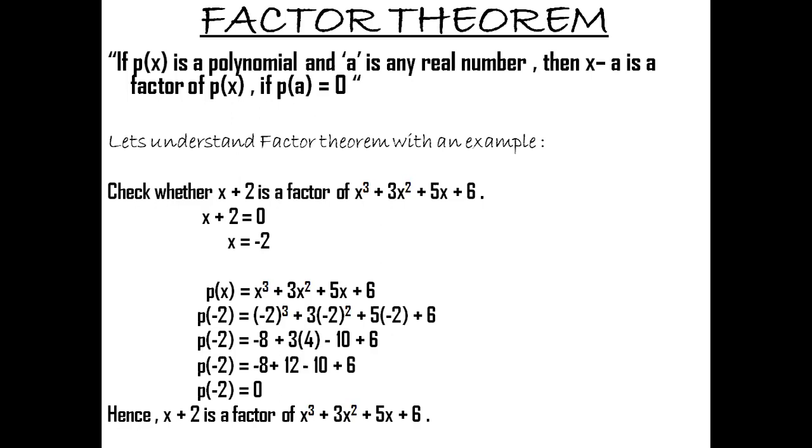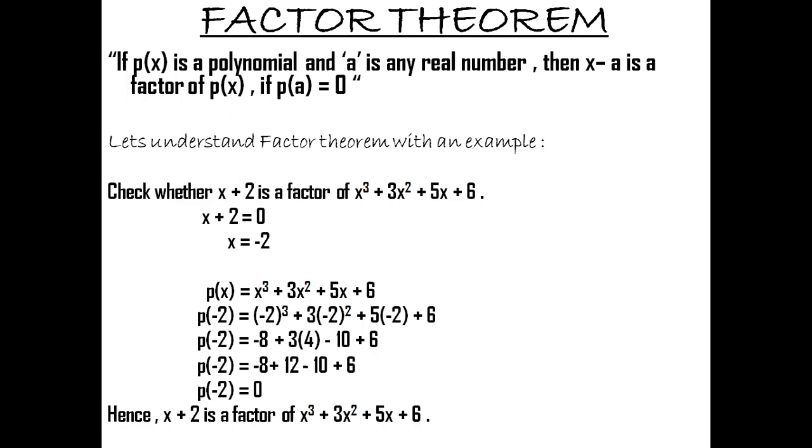For example, we had checked whether x plus 2 is a factor. How? By taking x plus 2 equal to 0 and hence getting x equal to minus 2. And then replacing x with minus 2. As you could see over here, I solved it and got the answer as 0, which helped me conclude that x plus 2 is a factor of x cubed plus 3x squared plus 5x plus 6.